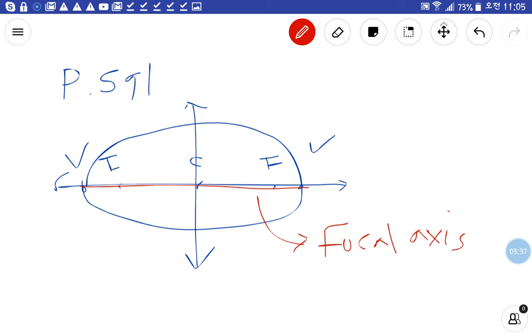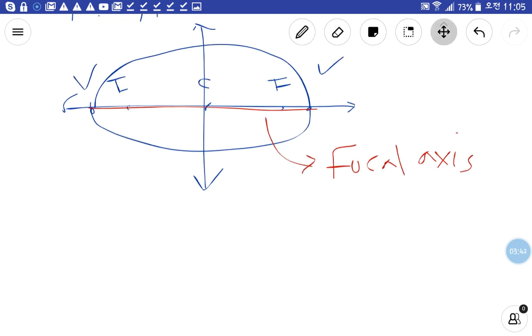Okay? So now you should know the standard form of the equation of an ellipse. You may see it on page 592. You have two situations: your focal axis is the x-axis or the y-axis, so you have to think about both.